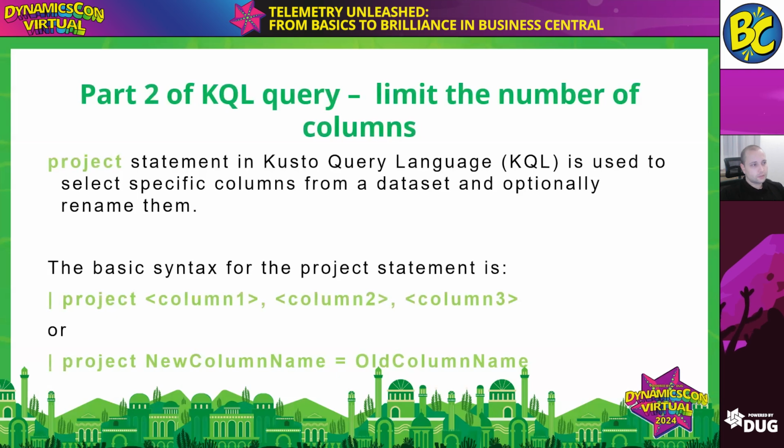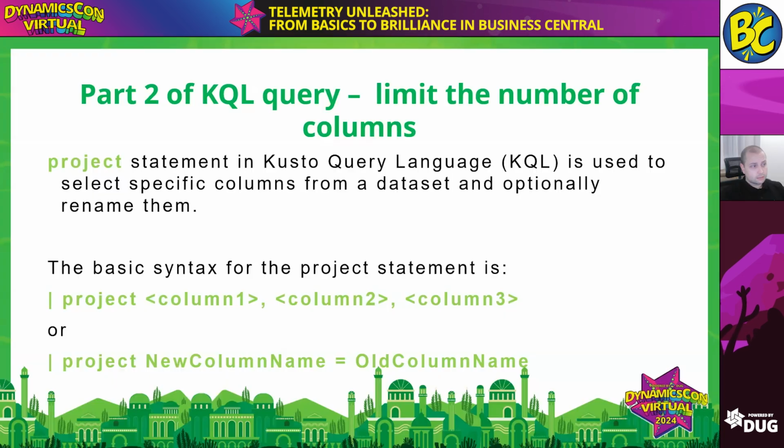The next part of the KQL query is to limit the number of columns, and for that we will be using the project statement. The project statement in KQL is used to select specific columns from a dataset, and you can optionally rename them. This is particularly useful when you want to focus on certain aspects of your telemetry data in Business Central.